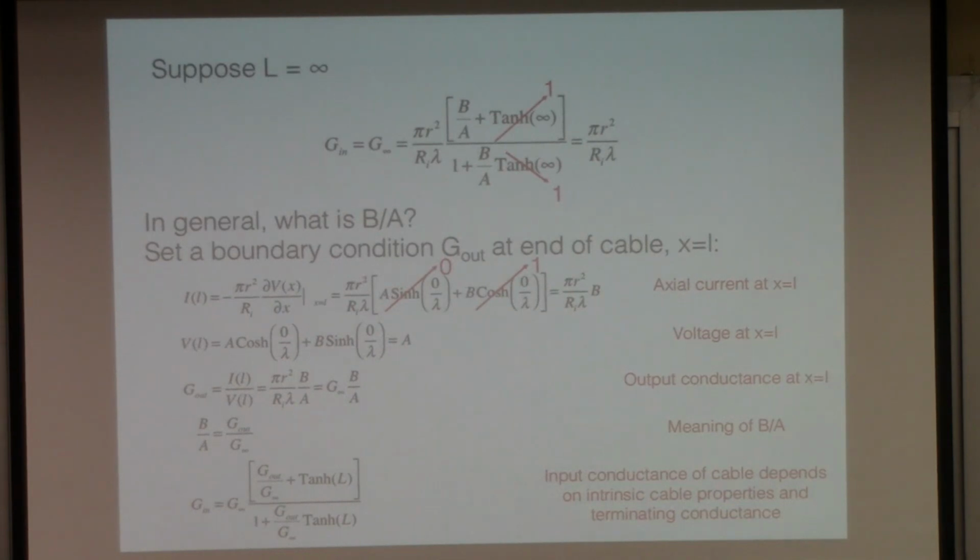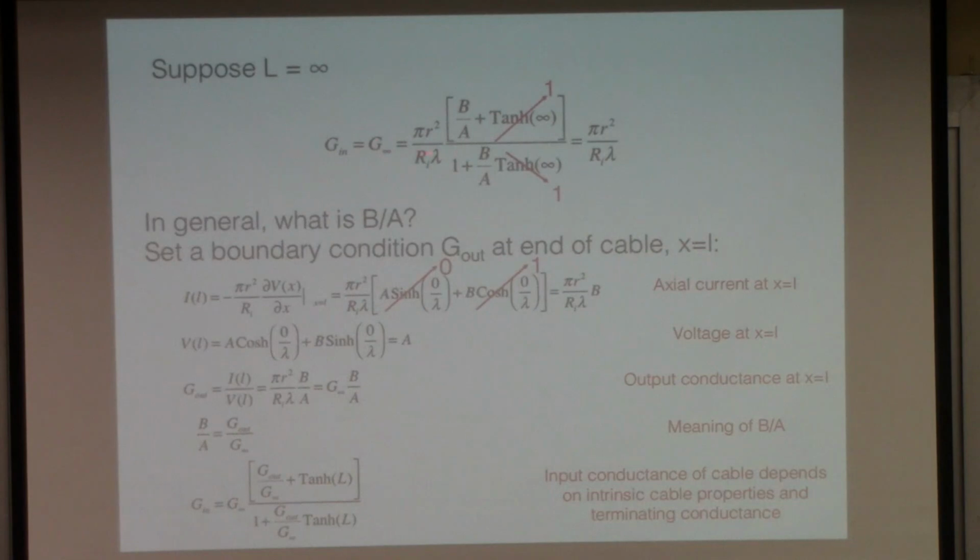So rather than ending at L, imagine it extending out to be infinitely long. G infinity is the input conductance of that infinite version of the cable. Is that a parameter that we're given or something that we're solving? Well, you can solve. You'll always be given the parameters here that you need to compute G infinity, right?